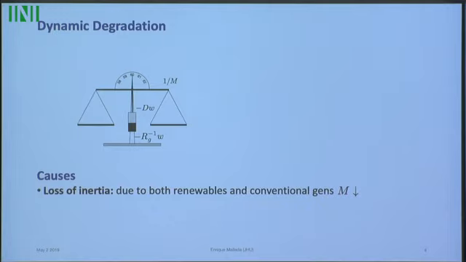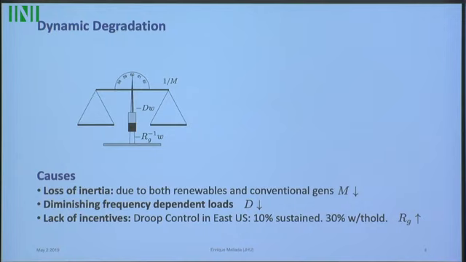Well, arguably you can say, sure, the inertia is becoming smaller in the system. Secondly, there's a lot of power electronics connected, so there are a lot of these frequency-dependent loads that used to be in the system that are no longer there, or are diminishing. And finally, there's a lack of service.